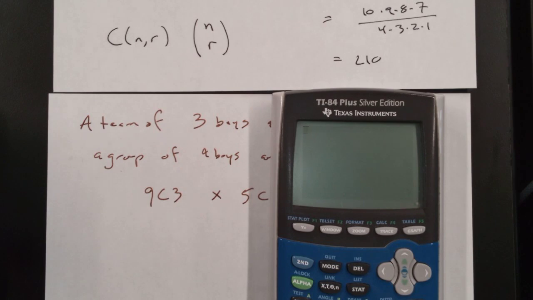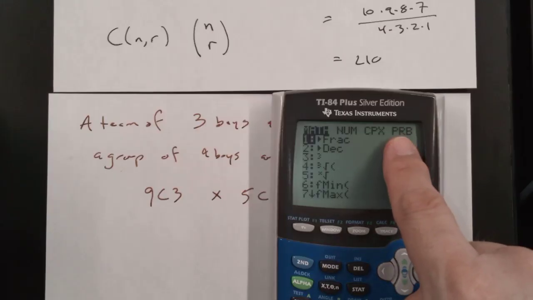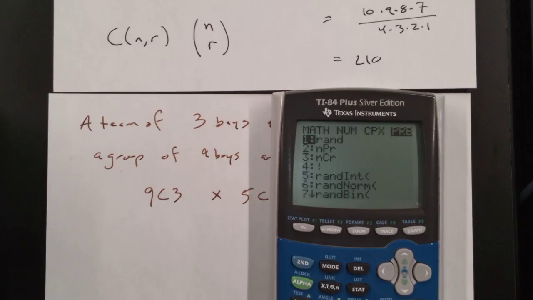If I want to do 9C3, I'm going to need 9 factorial at some point. I don't have that number memorized. Where do I find the factorial button? Math, and then the 1 is 3. That's probability. Right above the factorial button are permutation and combination formulas built into the calculator. You want 9C3?